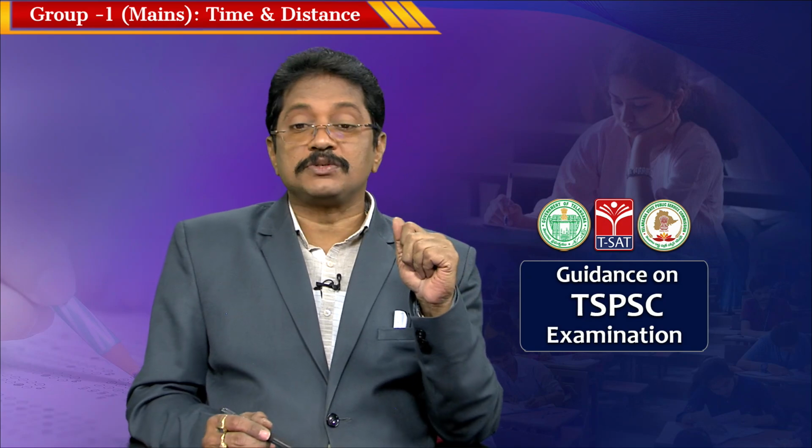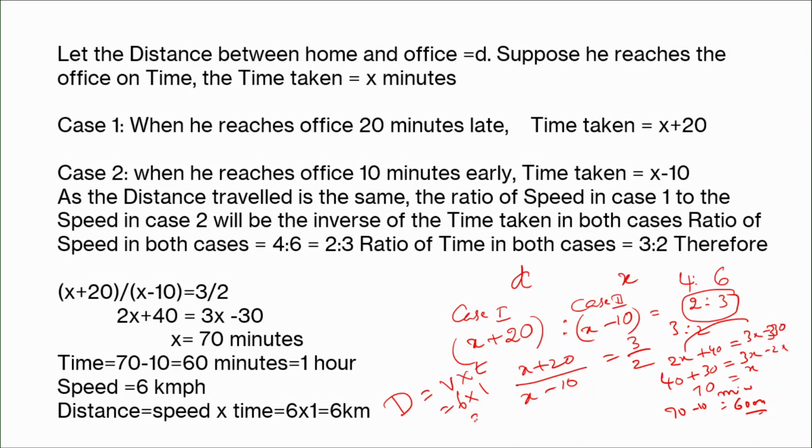So, 6 into 1, which is 6 kilometers. Do you understand? So the distance between his house and his office is 6 kilometers.